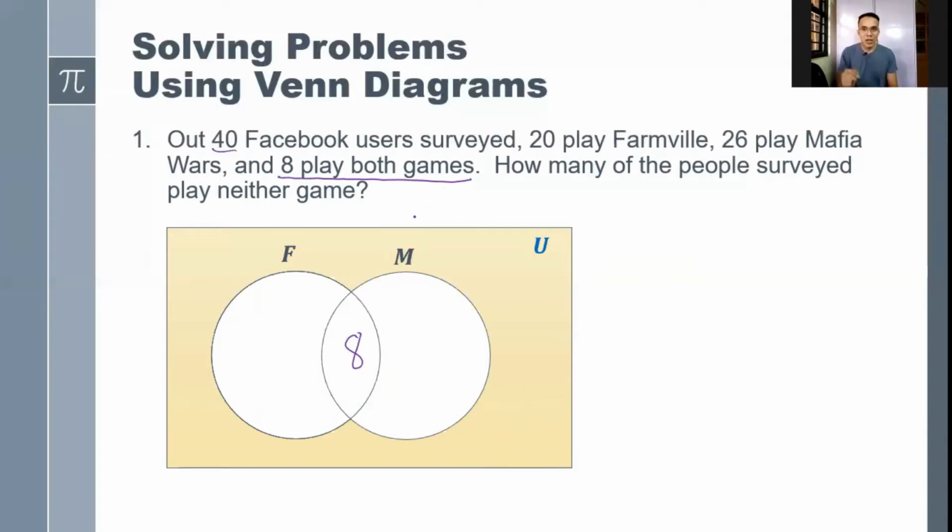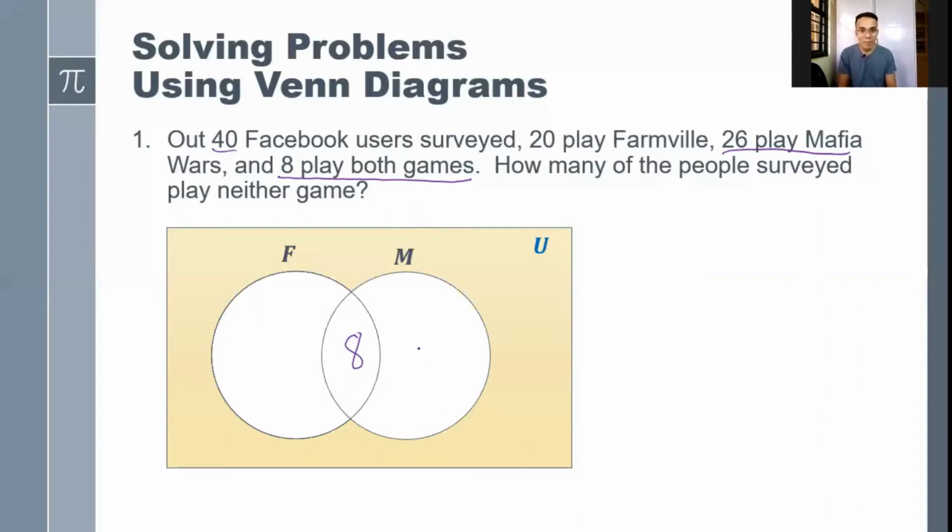Next, you also have to take note that we have a total of 26 people who play Mafia Wars. Therefore, in the set of Mafia Wars, there should be a total of 26, but we already have 8 here.